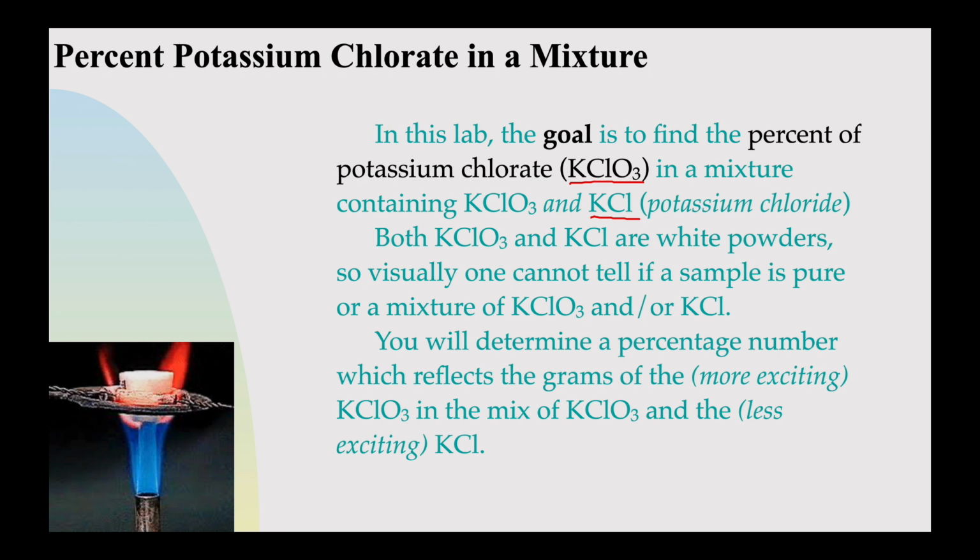And what's worse is that KClO3 and KCl both are white solids. So just looking at the solid, you can't really tell if your sample is pure, if it's impure, how impure, like just a little bit or a lot. So this is a technique that scientists use sometimes to see how pure your potassium chlorate sample is. And again, potassium chlorate is what we're after because it's more exciting, more reactive than potassium chloride.